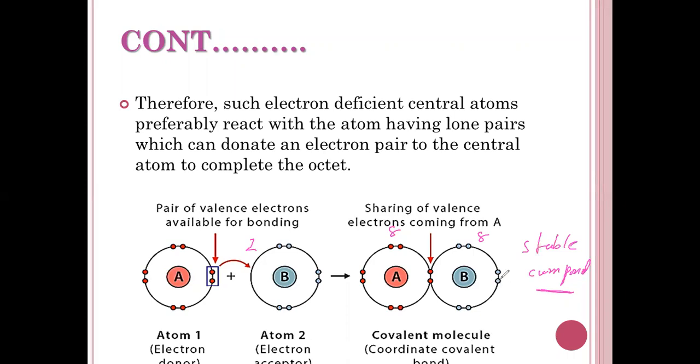And you can also call this dative bond the coordinate covalent bond. This is the simple diagram to explain what is meant by the dative covalent bond: how it's happening, what is accepting, and how it's forming the bond. And let's move on to the next slide.